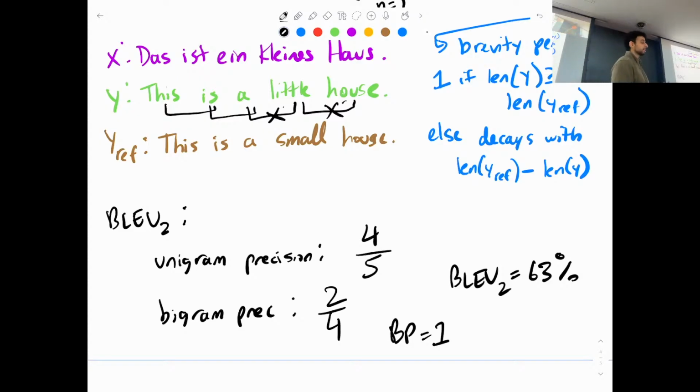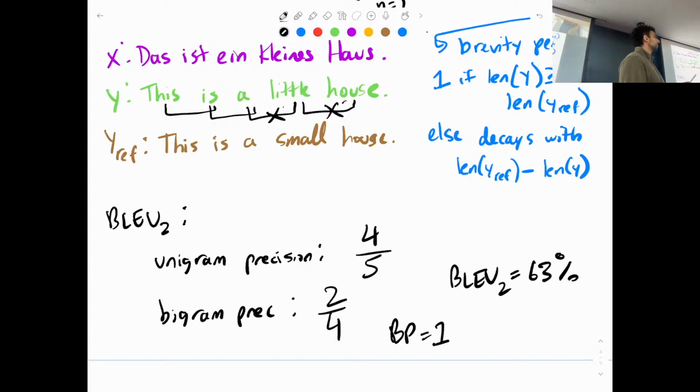They may also say this is a little house or something else. So your upper bound here is not 100%, right? That would mean every single time your LLM spits out an identical translation to the reference, which is just not feasible or attainable. However, in general, you want a higher score, right?